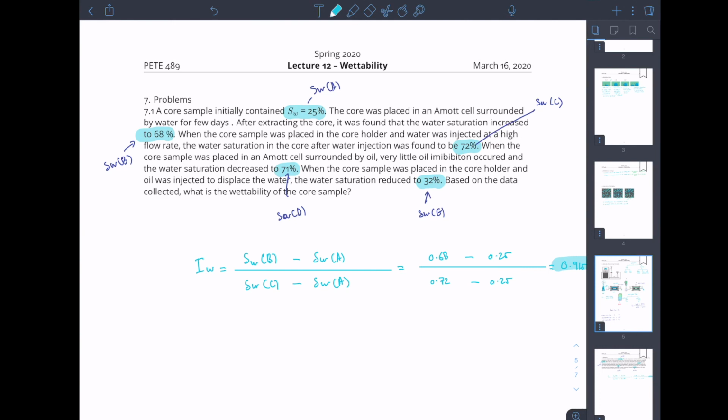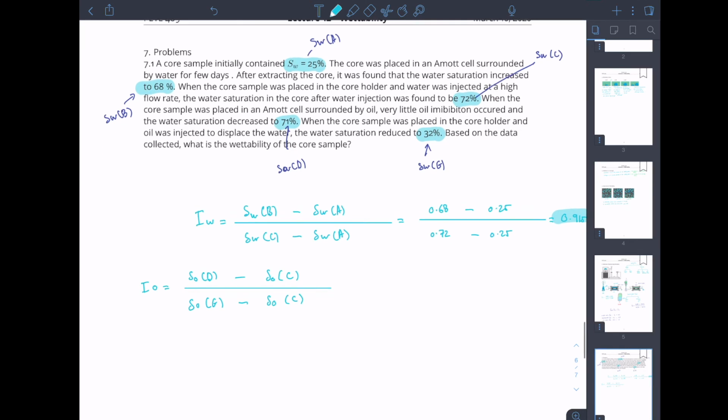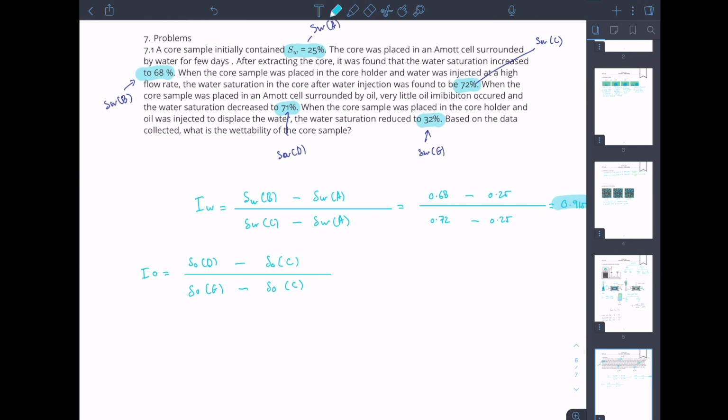Now for the second part, we need to find IO, which is the Amott oil index, and that will be SO at point D minus SO at point C divided by SO at point E minus SO at point C. So before we proceed, we have all water saturations that we need to convert to oil saturations.